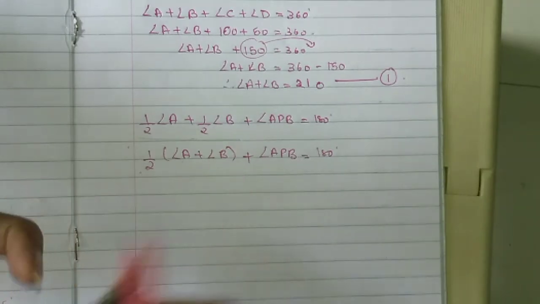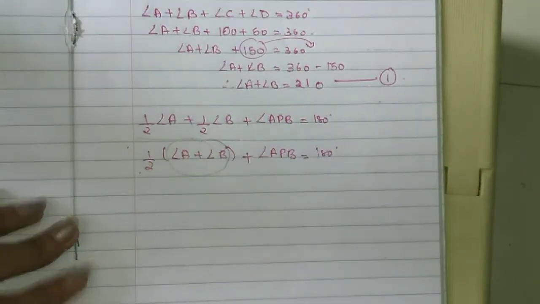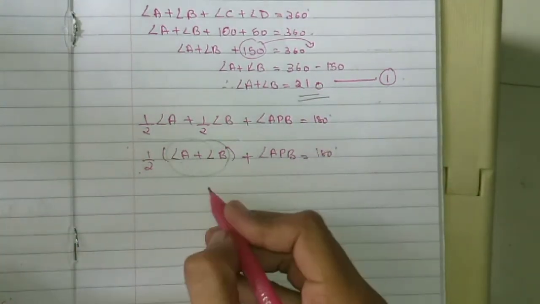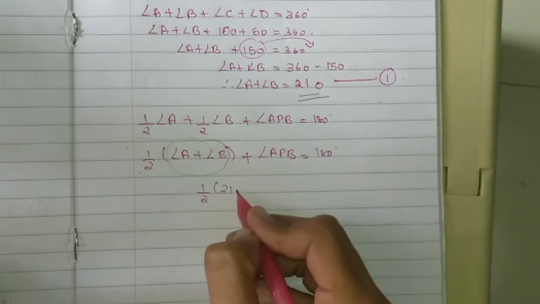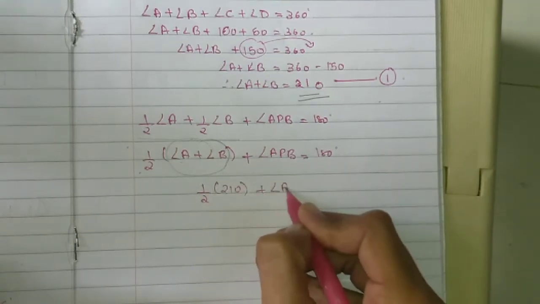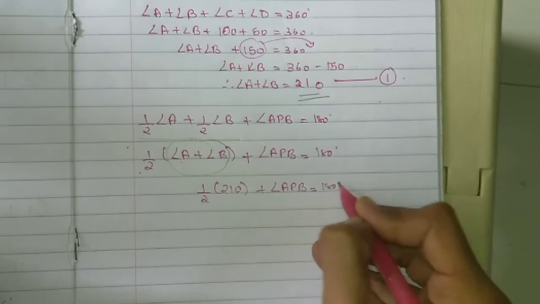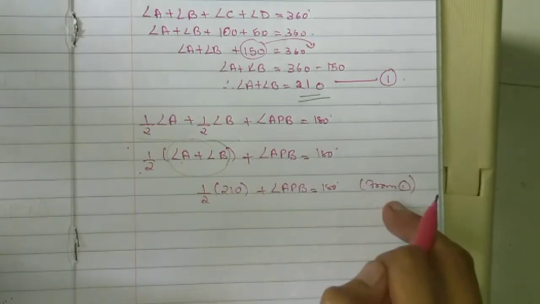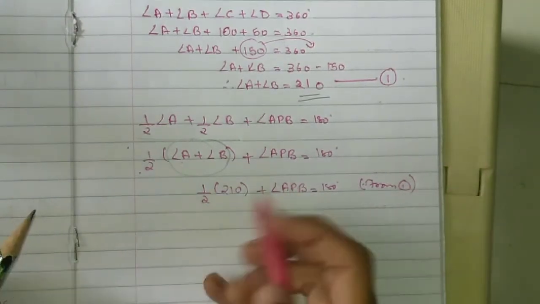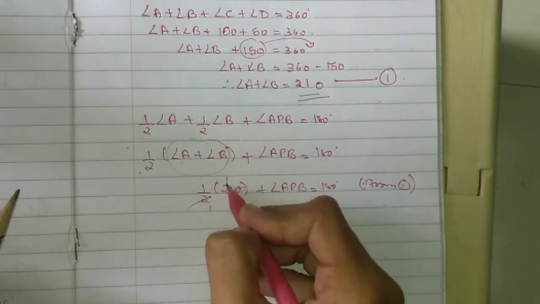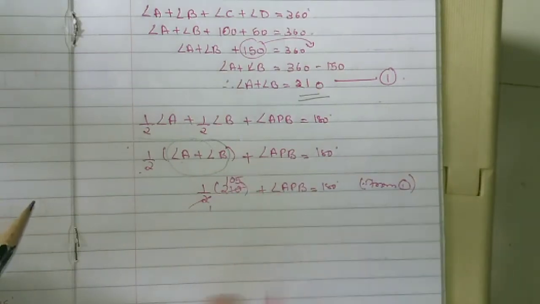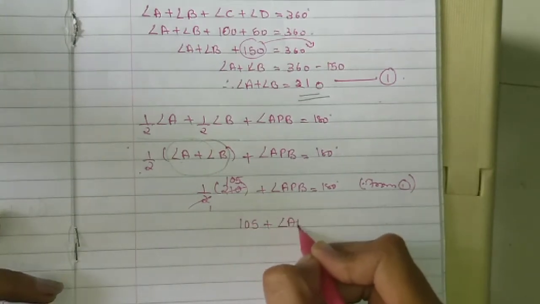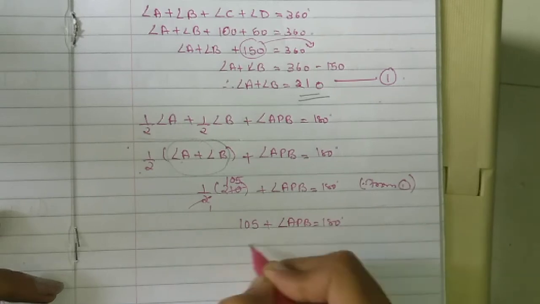Now we know the value of angle A plus angle B, which is equal to 210. So I am writing here half into 210 plus angle APB equal to 180, from 1. Okay, from 1 I had taken, so I had written here from 1. Now cancel, 2 ones are 2, 0 and 5. So 105 plus angle APB equal to 180.